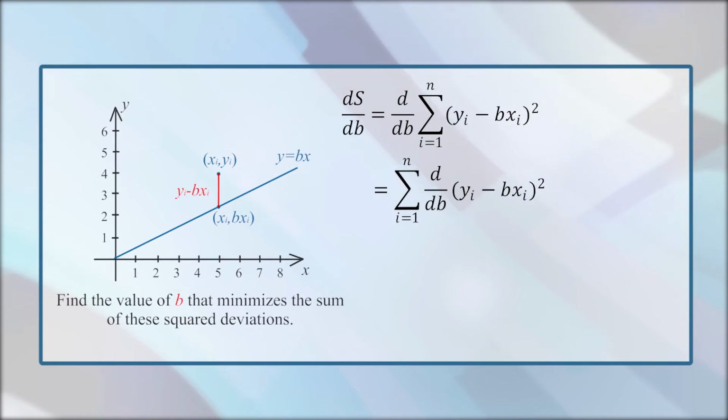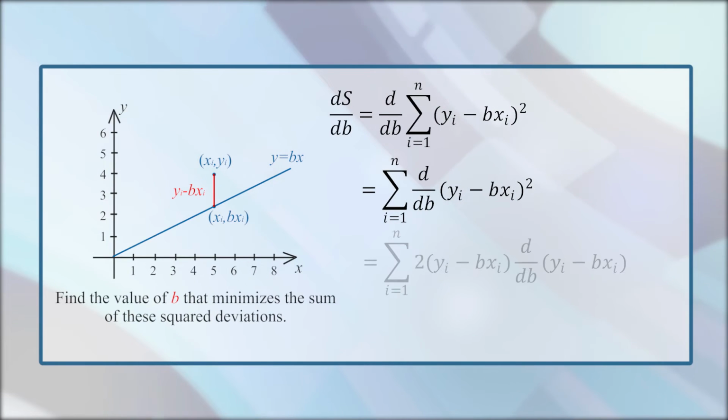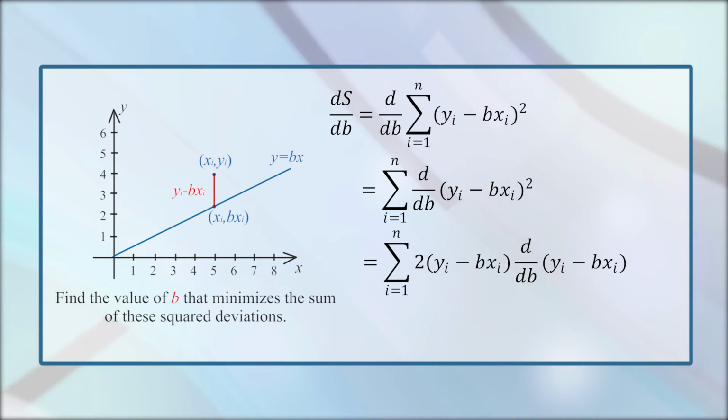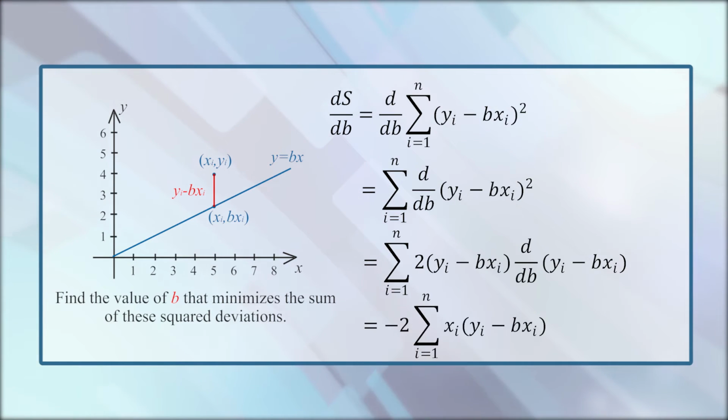By applying the chain rule, the derivative of (yi minus bxi) squared is equal to 2(yi minus bxi) times the derivative of (yi minus bxi). And it is equal to minus 2 times the sum of xi times (yi minus bxi).